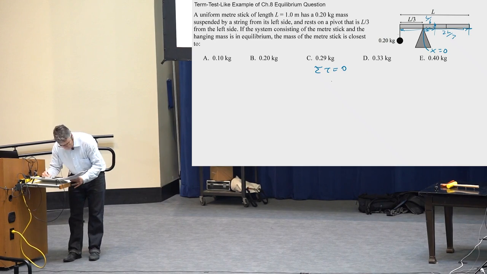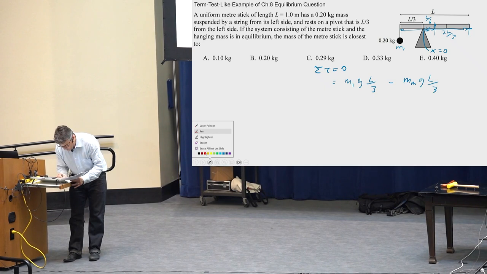So what you get is M1 times G times L over 3, and then minus the mass of the meter stick times G times L over 6. Very sloppy today. Equals 0.